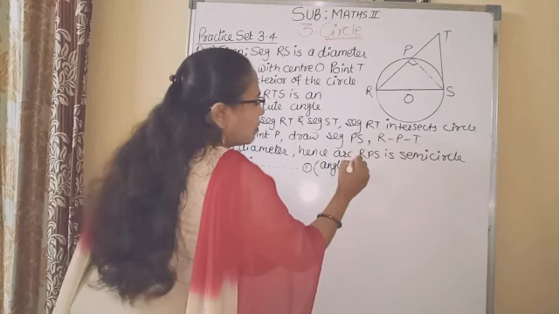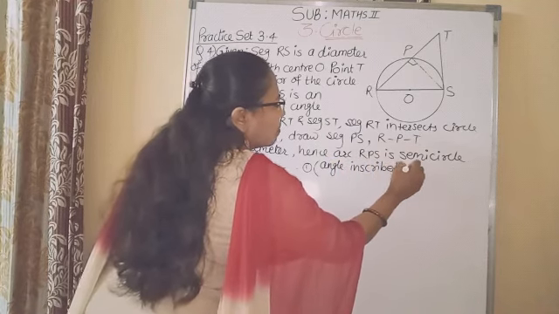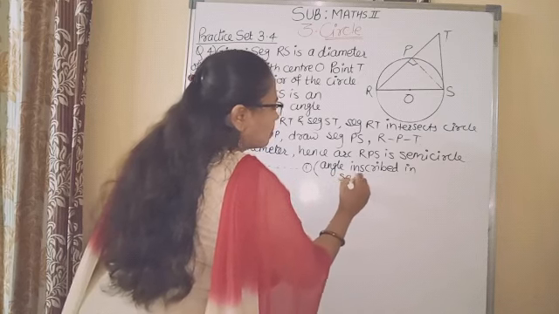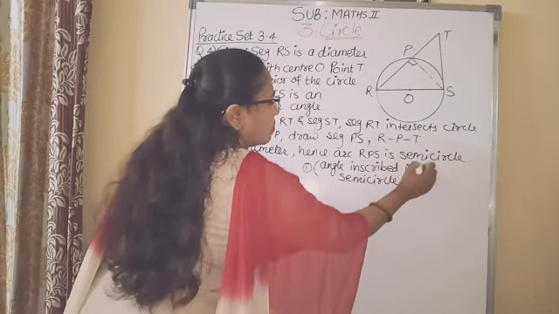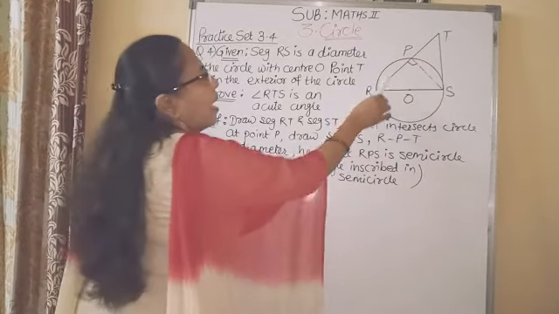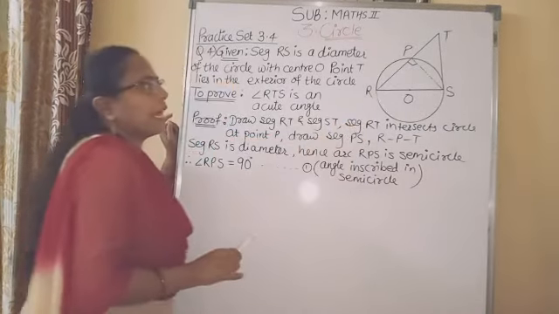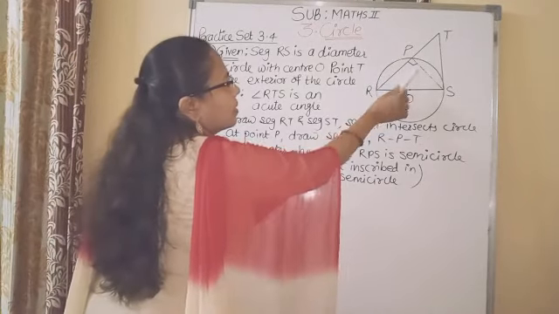Write the reason: angle inscribed in semicircle. Followed up to this, angle RPS we got 90 degree. Now again observe the figure.